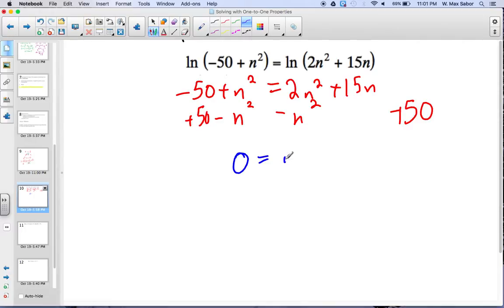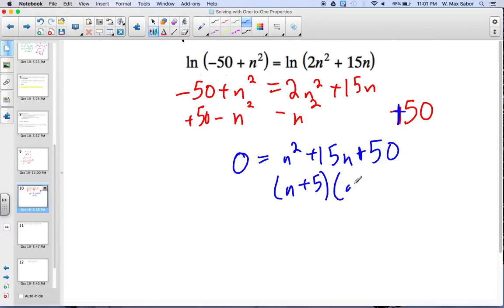Zero equals n squared plus 15n plus 50. Sorry, that's supposed to be a plus, not minus 150. So n plus 5, n plus 10. Our solutions are negative 5 and negative 10. Let's check them. That's the process that we need to do.